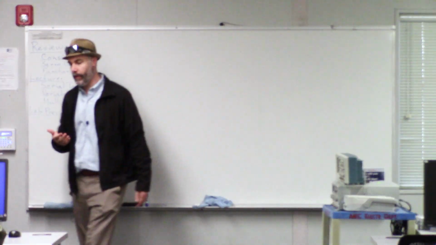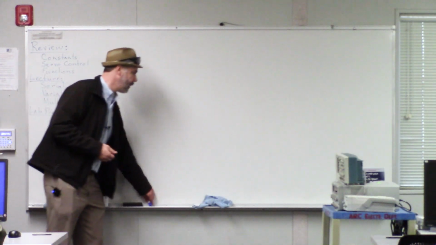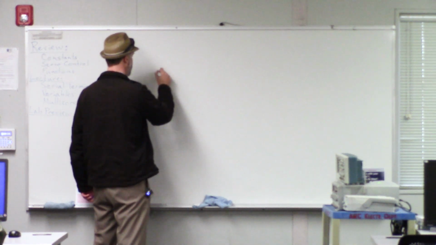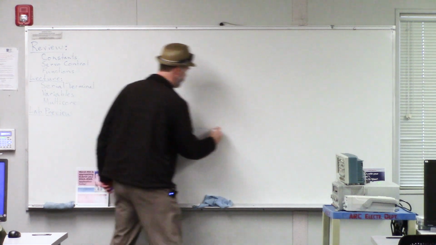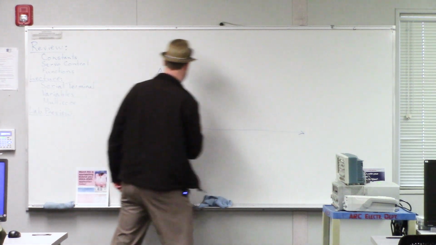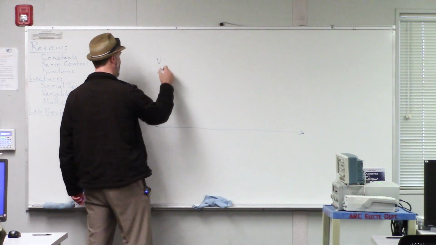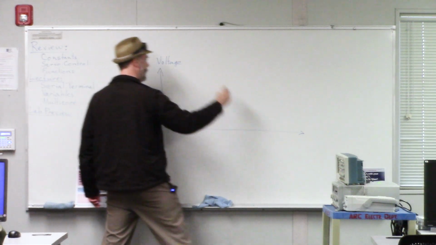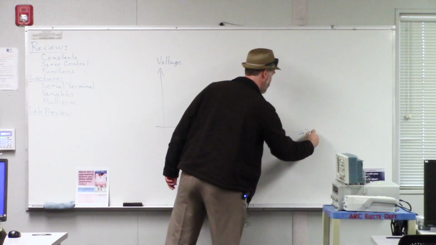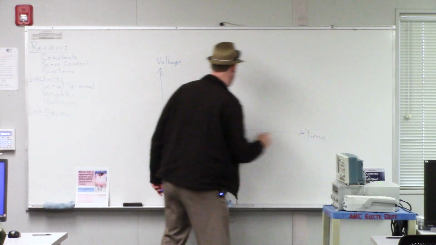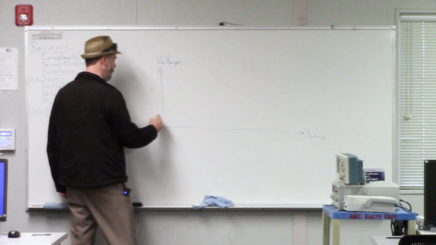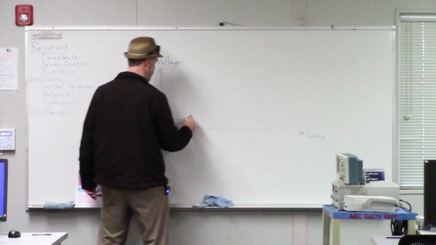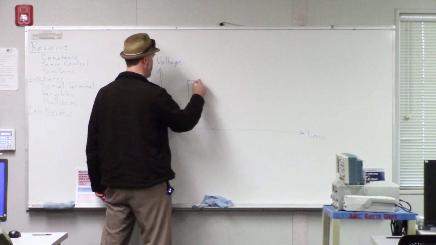So we said that the protocol for talking with these hobby servo motors is to send voltage pulses. So if we're looking at a graph where you have voltage here and time here, then what we would see is we would see a low voltage, like 0 volts for a while, and then you would see a spike.